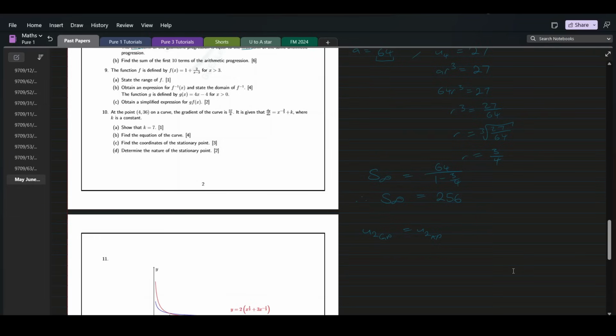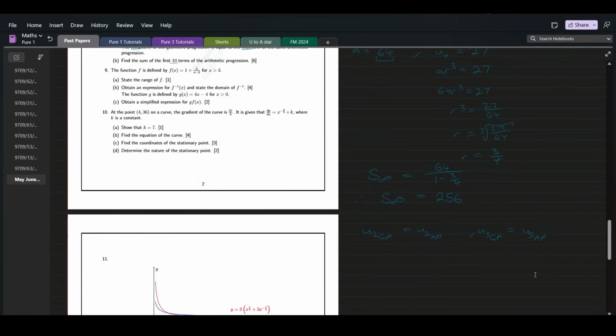Okay, so we are also given that U3 of the GP is equal to U5 of the AP, and they want us to get the sum of the first 10 terms of the AP.